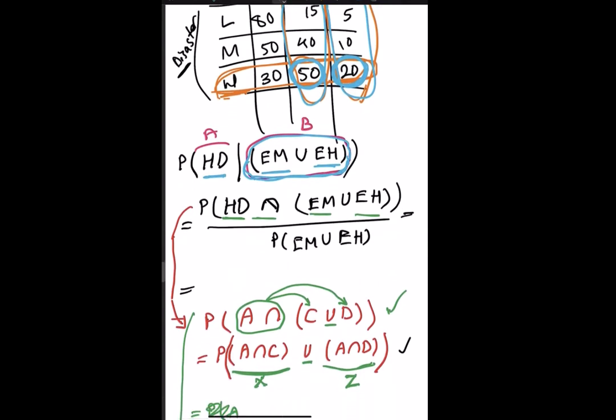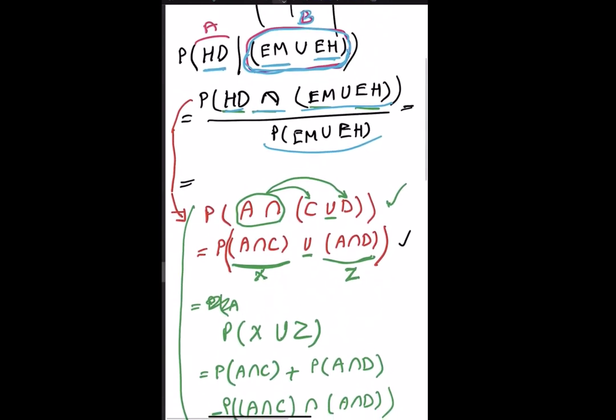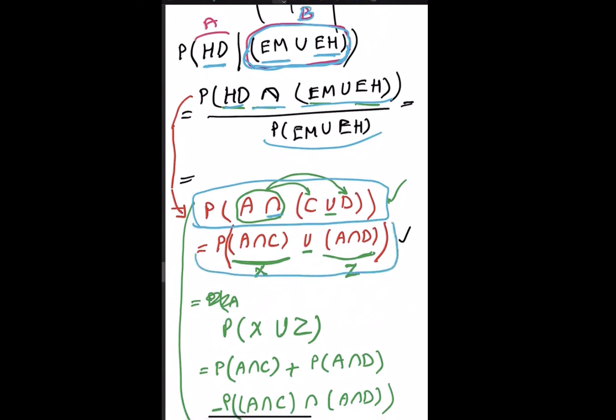Then this whole thing is just another, it's like B. So this is the numerator of this conditional probability, A and B divided by probability of B, and then A and B, in this example, is a typical situation like this: A intersection C union D. This is the general rule, and we just rewrite the numerator based on this general rule, and then we get the probabilities from the problem statement, and we are good to go.